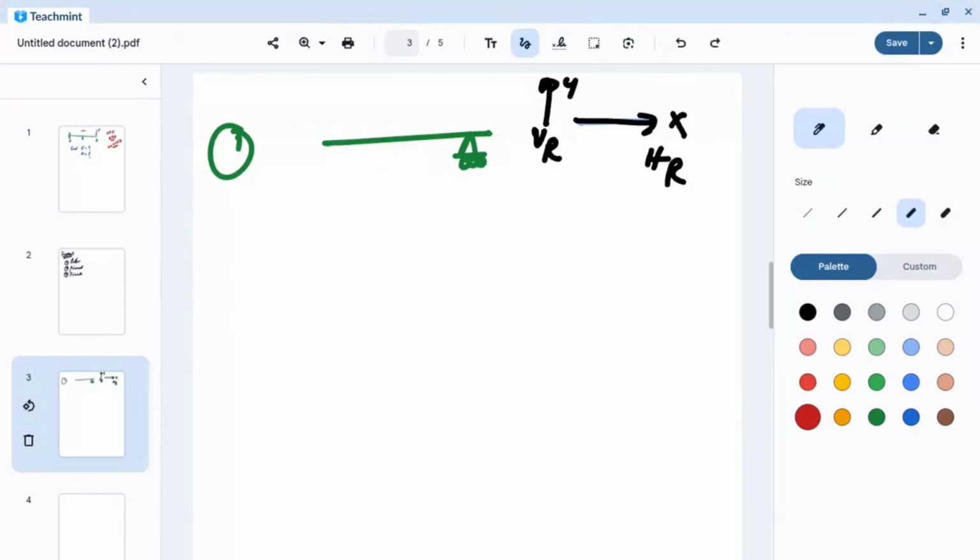So in the roller support along x, there is no reaction. But what about in y direction?